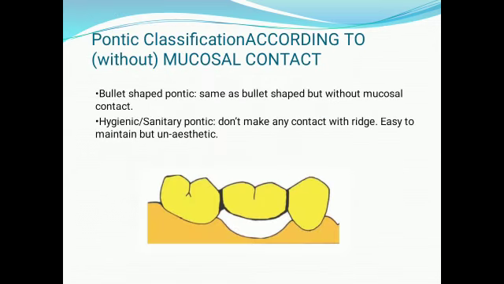Pontics based on without mucosal contact: bullet shaped pontics, hygienic or sanitary pontics. Bullet shaped pontics are without mucosal contact and do not make any contact with the ridge. Easy to maintain, but not esthetic.